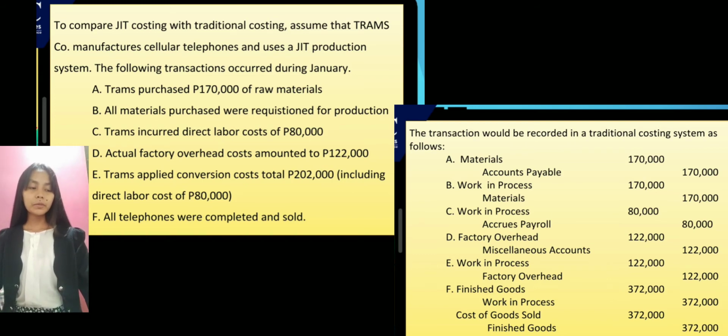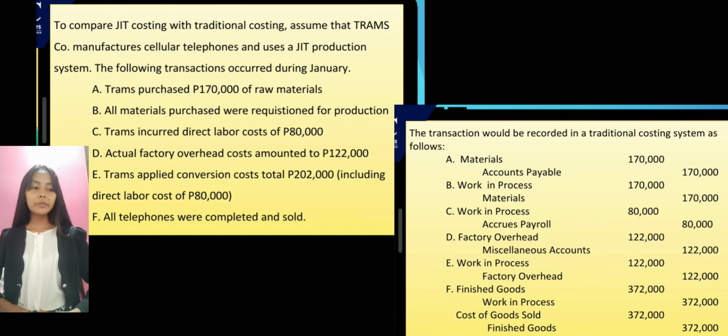So, yung sa pagbenta naman po ng telephones, we are going to debit cost of goods sold kasi naibenta na lahat ng telephones at may napasok na po na mga pera galing sa pagbenta ng telephones.